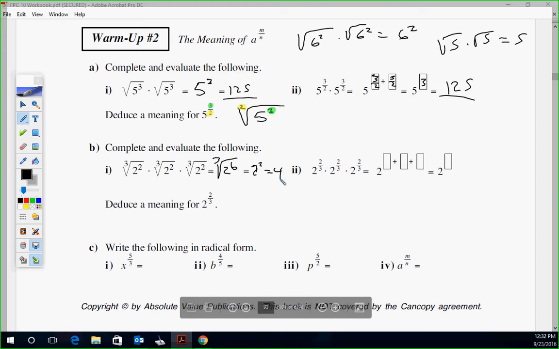So we come over here and we do the fraction model. I add them up now, 2/3 plus 2/3 plus 2/3. I get 6/3, which equals 2. 6 over 3 is 2. 4. The same exact spot again.